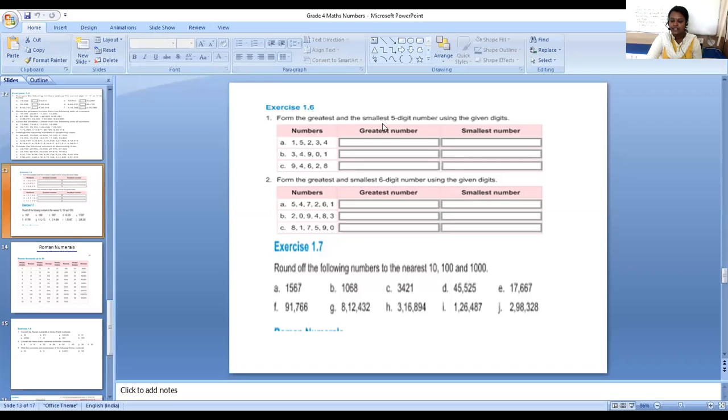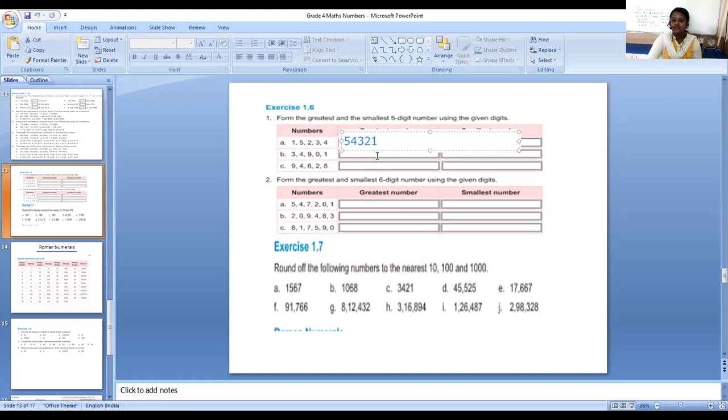We need to form the greatest and smallest 5-digit number using the given digits. We have the number 15234. So the greatest number formed here would be with the digits arranged in the descending order. We have the highest number 5, next 4, then 3, 2, 1.